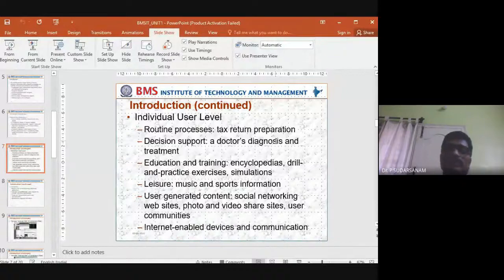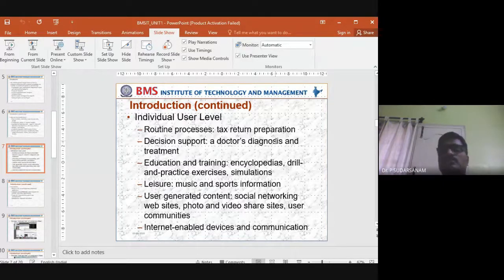When you are doing routine processes, we need to follow tax return preparation. All these things we have to do when doing business. When we are in the nation, we should contribute to the nation also. These taxes and information they will collect, and again they will develop the nation. That is tax return preparation, the routine processes.